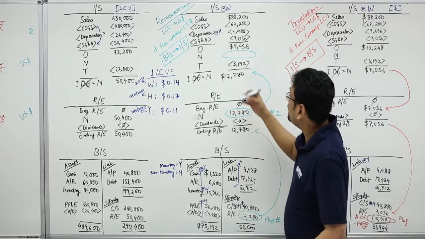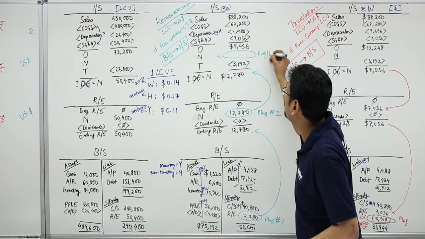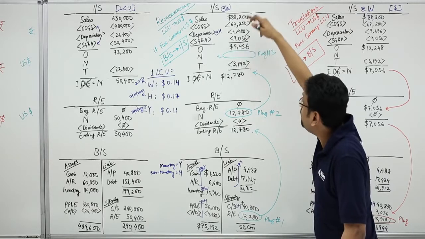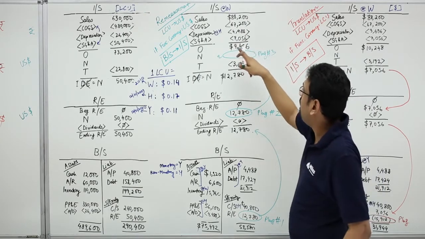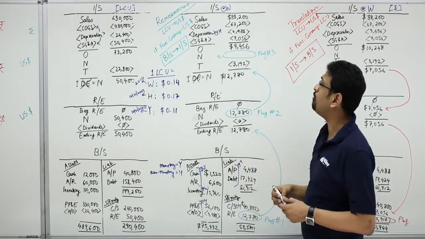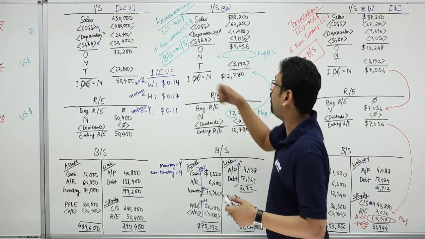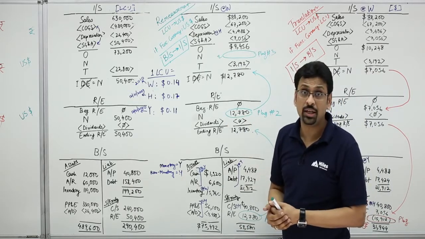So now this becomes your X, this becomes your plug 3. You've got to find out what's the number here that would make your income statement tally. So we have 9,456 of operating income, 3,192 of taxes, and the net income number, we know the answer, 12,780.